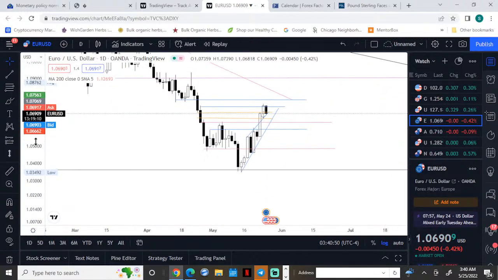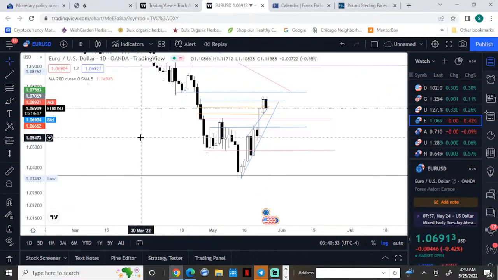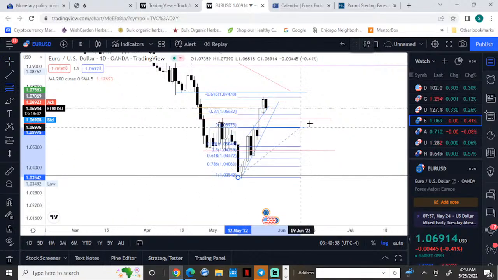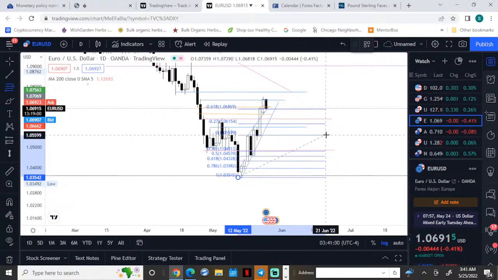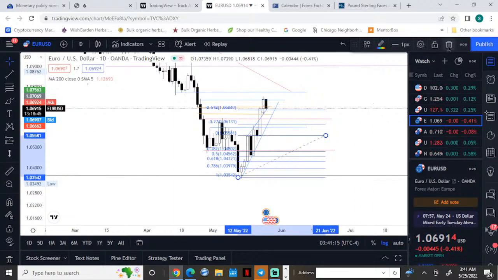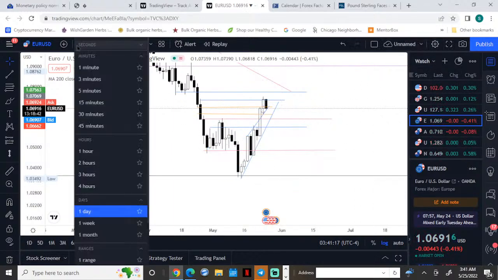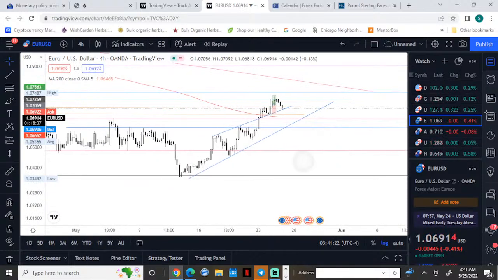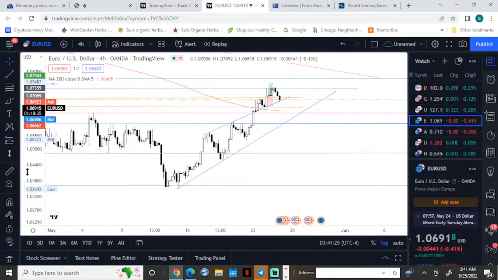So just looking at this, I don't like how this looks. I wouldn't exactly put a fib here. I like to see more of a pullback. So, all right, come to the 4 hour.